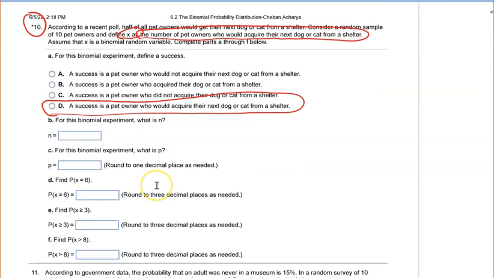For this binomial experiment, what is n? 10, because we have a sample of 10 pet owners. What's the probability of success? It's half, 0.5, because it says half of the pet owners would get their next dog from the shelter.